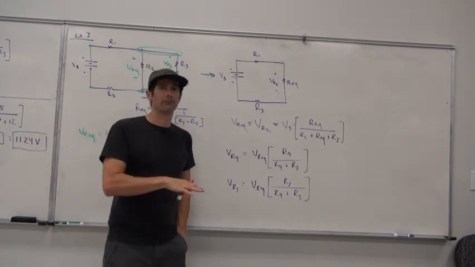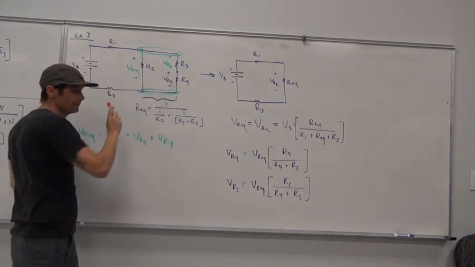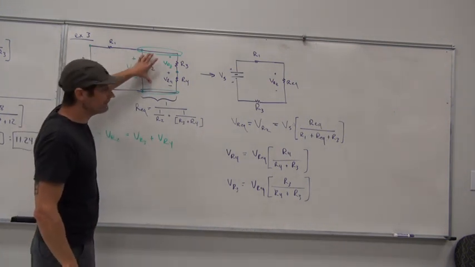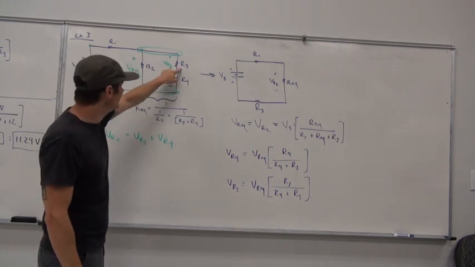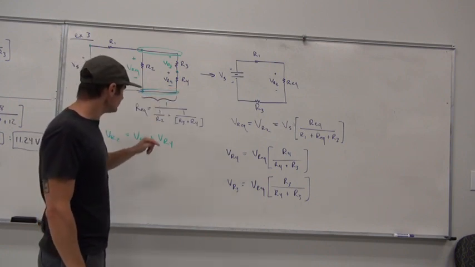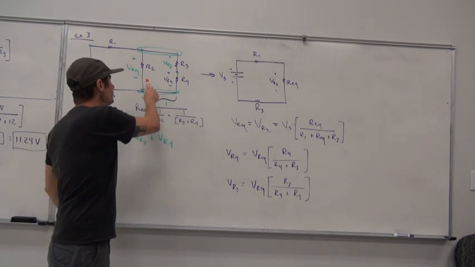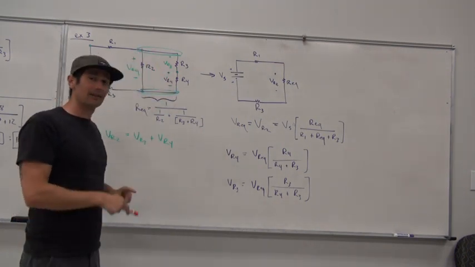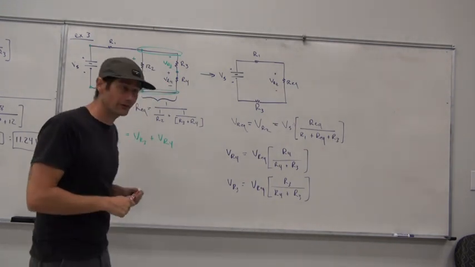Here, that voltage exists across R2, but once we find this voltage, that voltage is then going to divide again between R3 and R4. So we actually have to find the voltage first across R2, or the equivalent of this whole network, and then we have to perform voltage division not once, but twice.